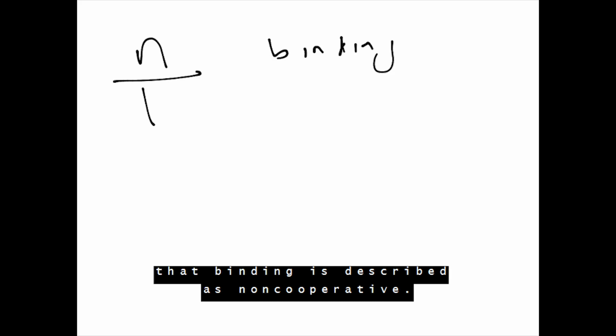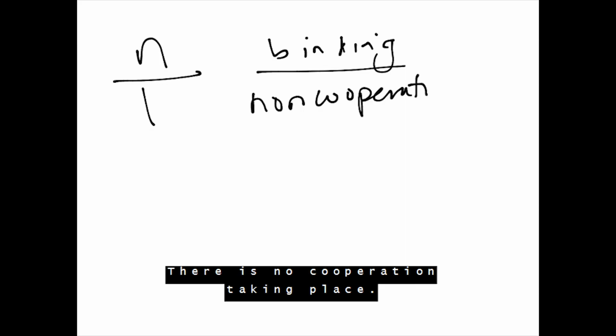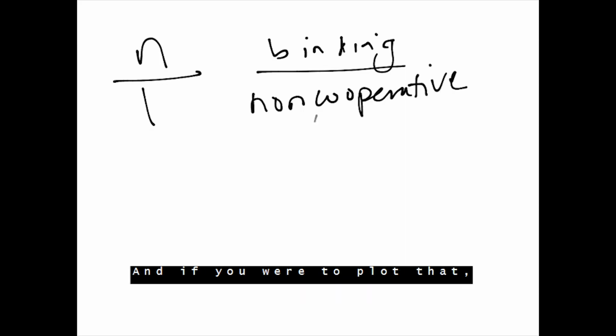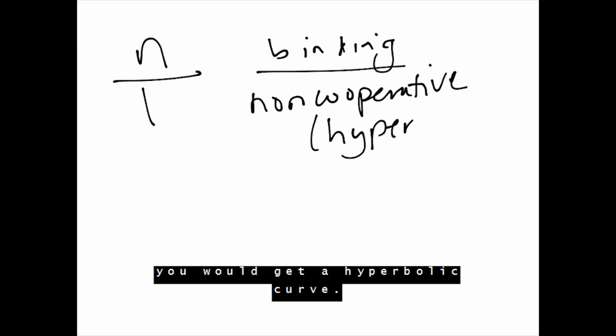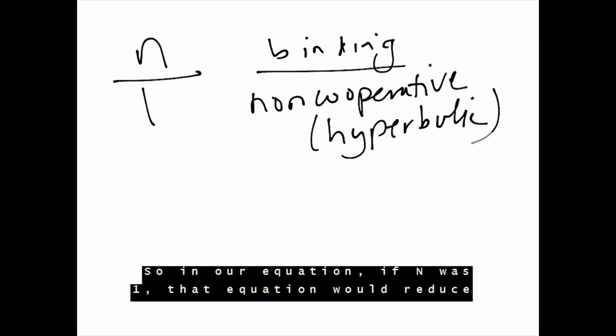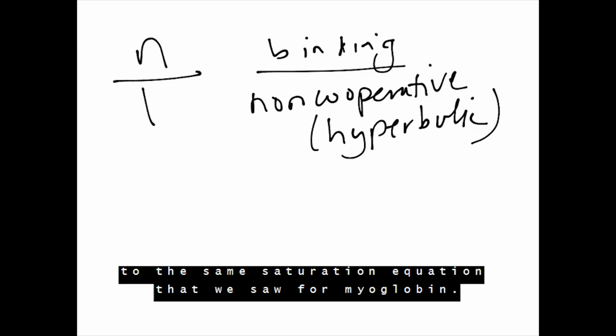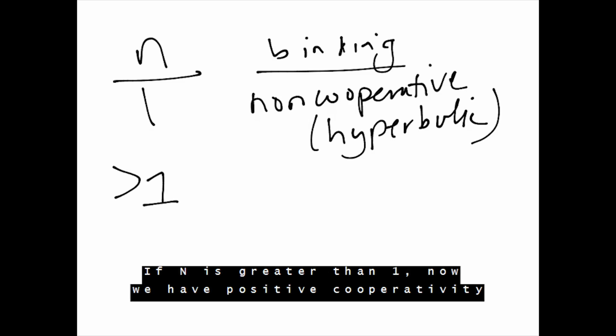So if the Hill constant is equal to 1, that binding is described as non-cooperative. There is no cooperation taking place. And if you were to plot that, you would get a hyperbolic curve. So in our equation, if N was 1, that equation would reduce to the same saturation equation that we saw for myoglobin.